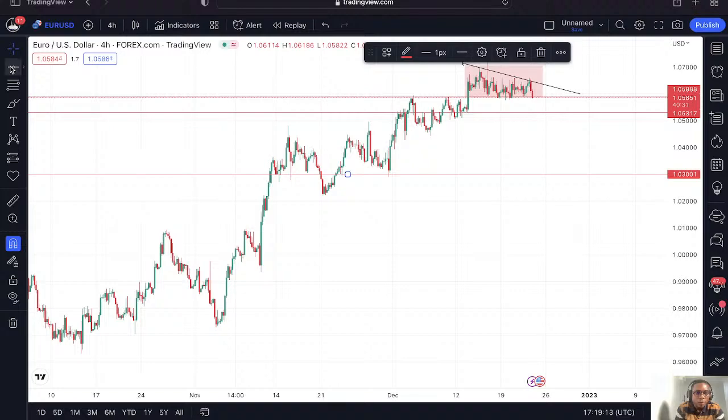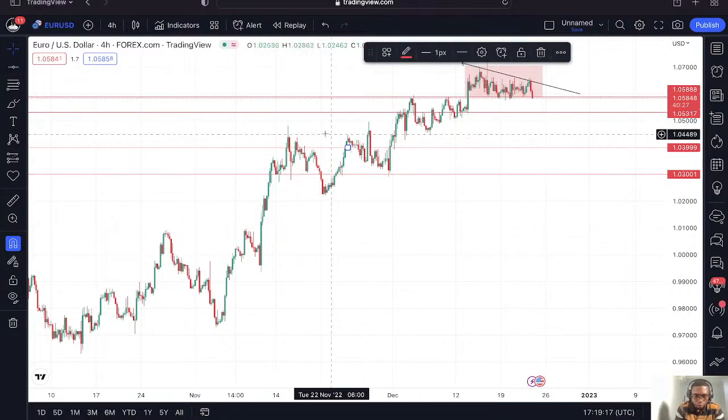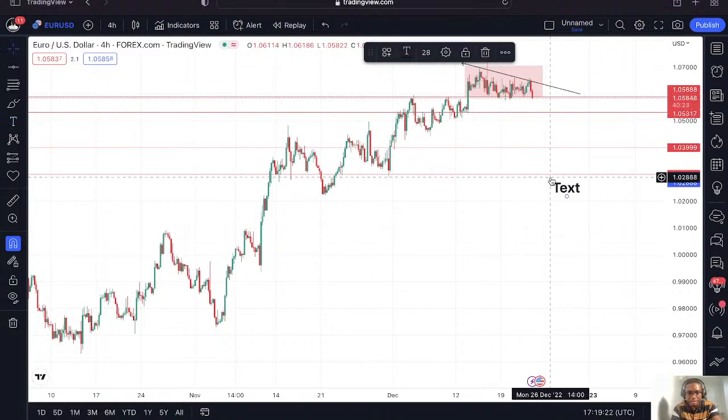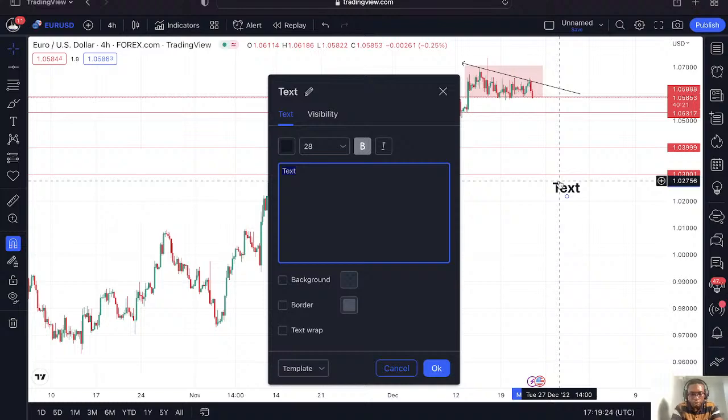How far can price go? Price can come as far as here, TP1.